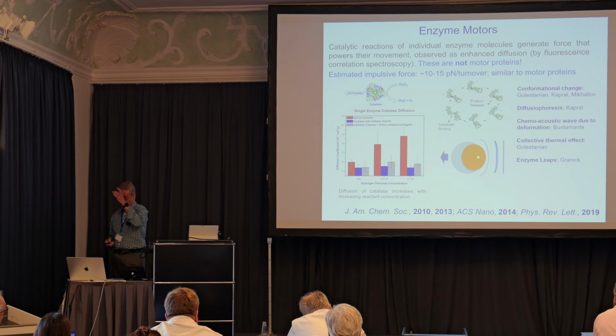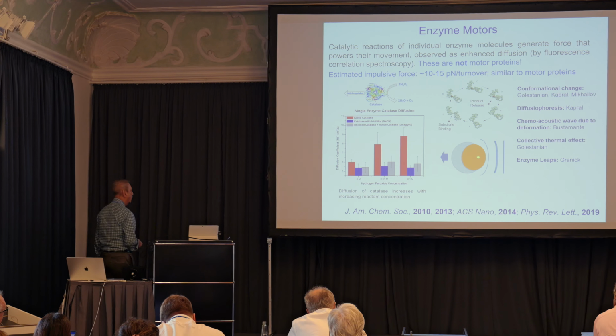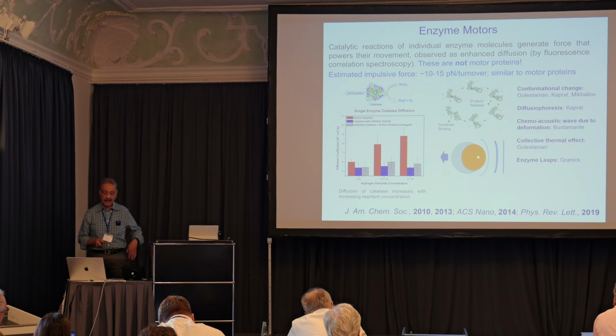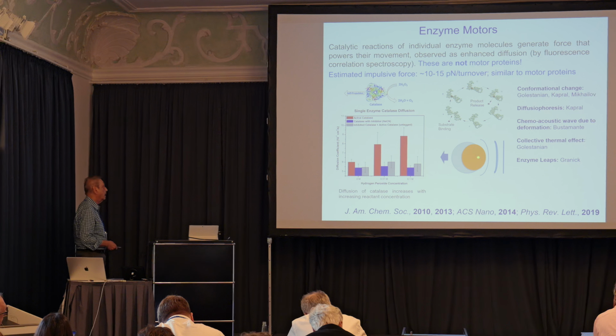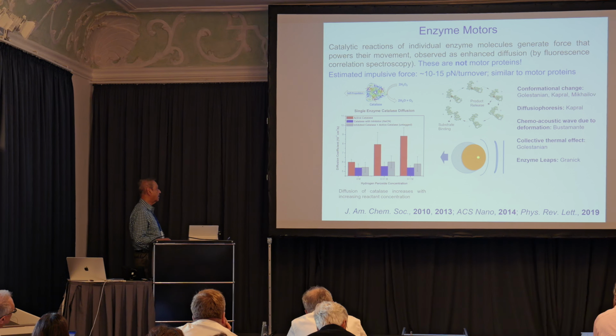Now, why? No one knows for sure. And there is controversy, as some of you might know, about the extent of this enhancement in diffusion. Is it 5%, 30%, or what is it?